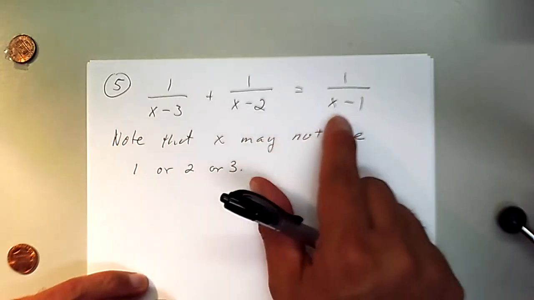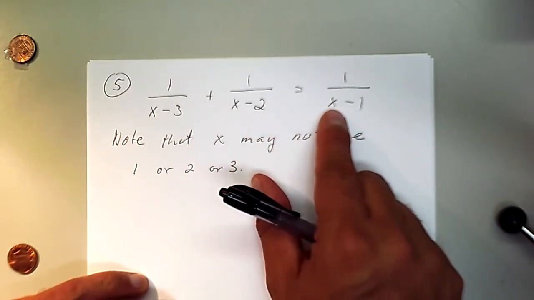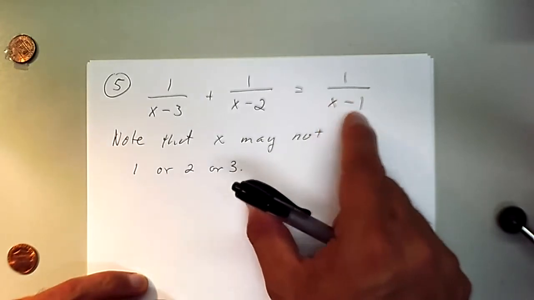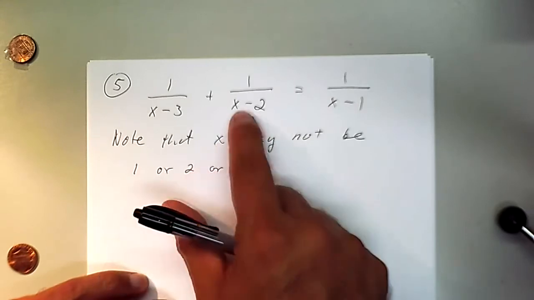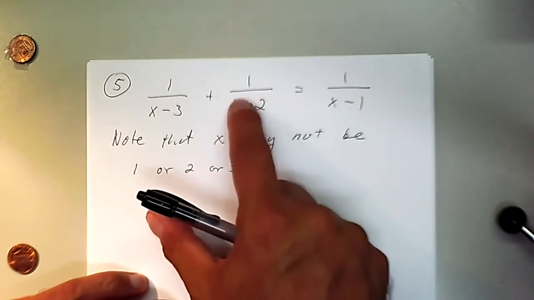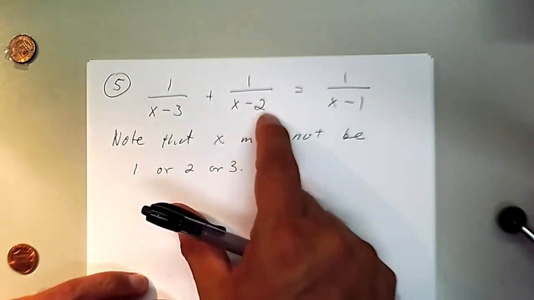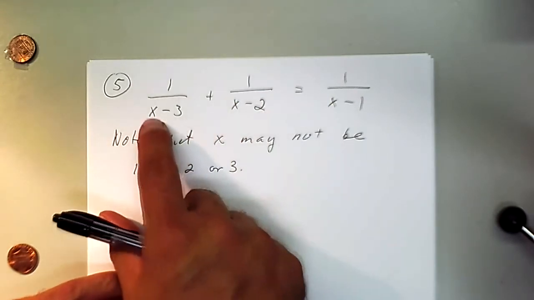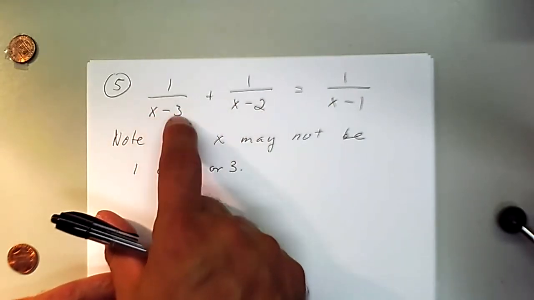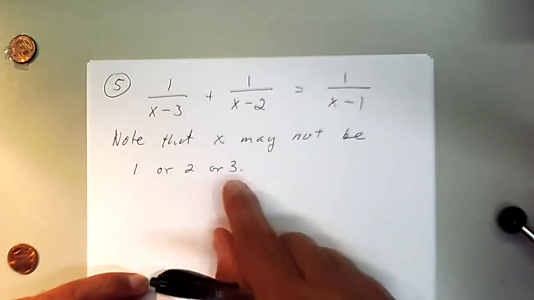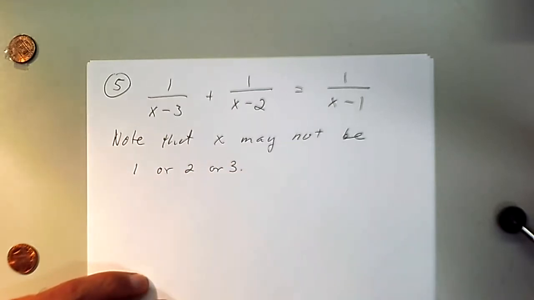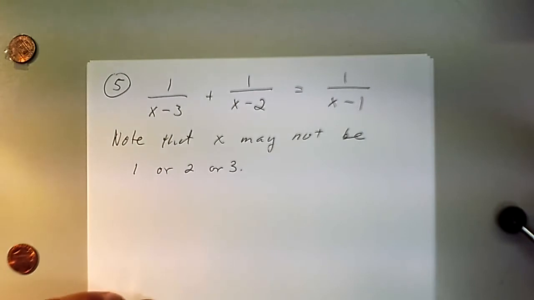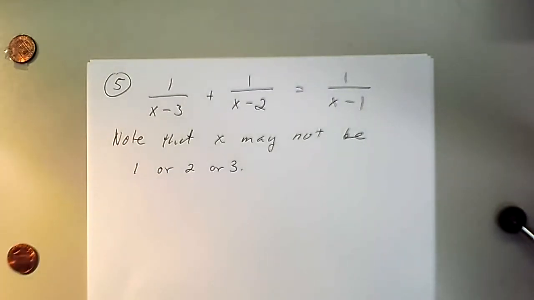Because if x was 1, this denominator would be 0, and we may never, ever, ever divide by 0. If x is 2, this denominator would be 0, and we may never divide by 0. And if x was 3, this denominator would be 0. So there's 3 numbers that we have to avoid by all means. We may never, ever have 1 or 2 or 3. If they show up, we will do the same thing we do here.